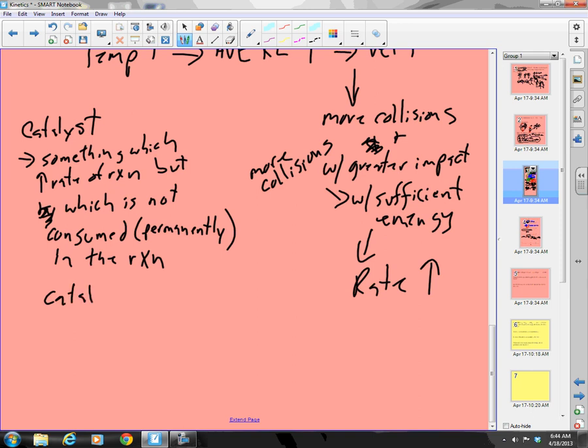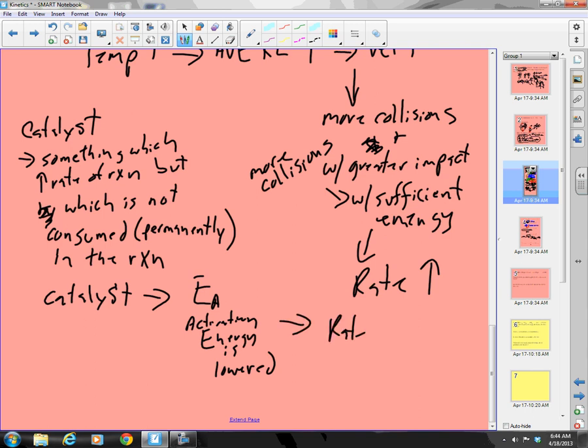When I add a catalyst, usually what happens is something called the activation energy is lowered, and we'll get into that later. Because the activation energy is lowered, the rate increases.